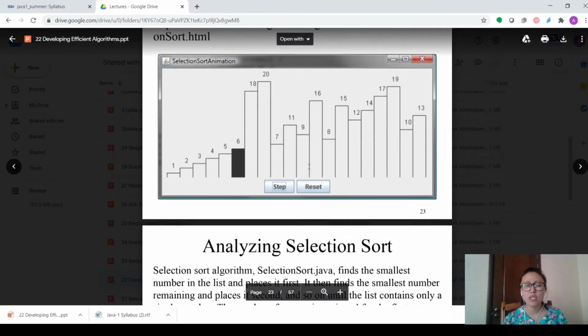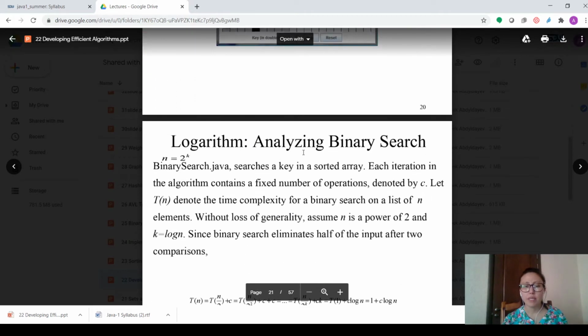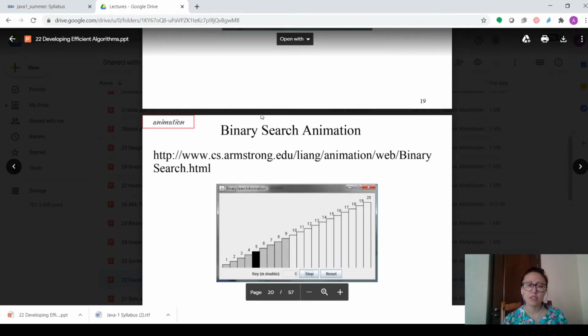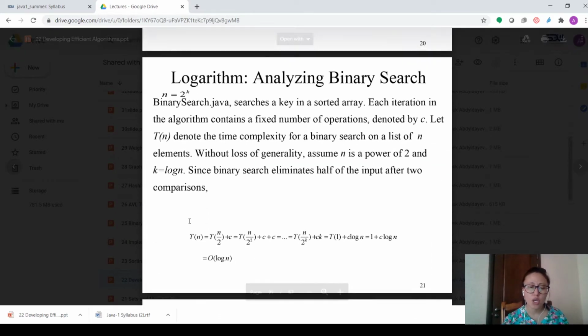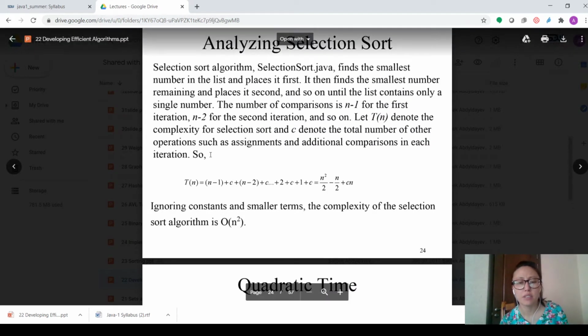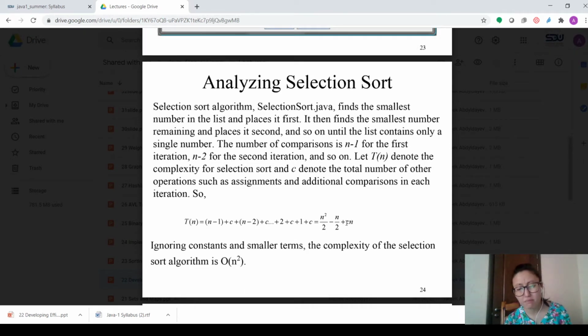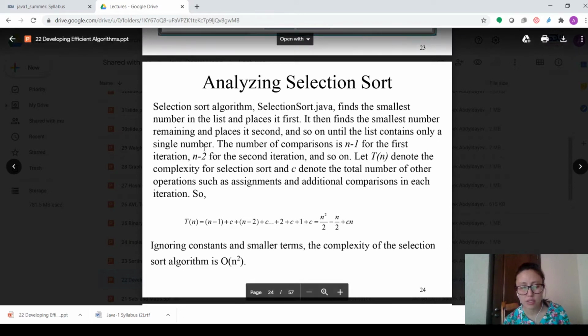The selection sort. First of all, we have analyzed here binary search and found that the big O notation for binary search is O(log n). For selection sort, the time complexity is O(n^2), because of the time that we spend to sort an array.